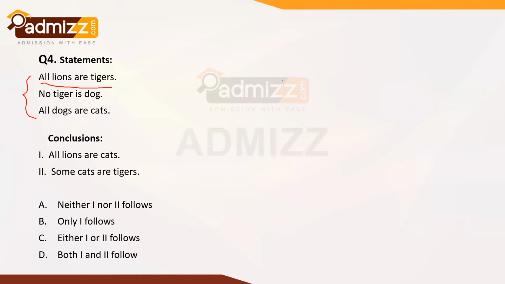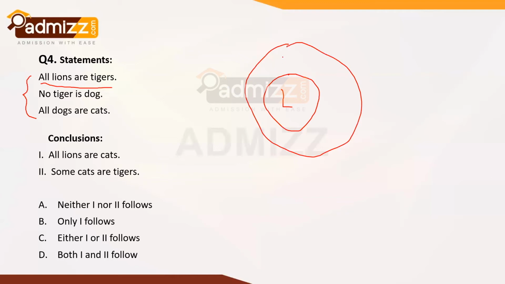All lions are tigers. So this is a set of lions, L, and this is a set of tigers, T. The second statement is no tiger is dog.